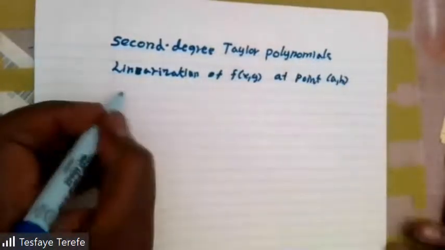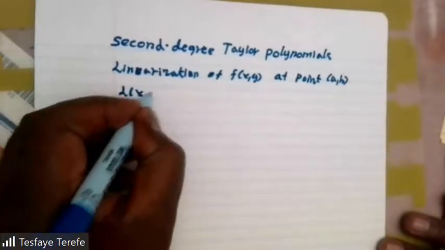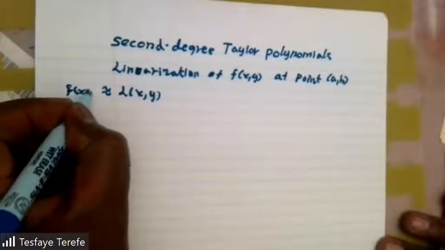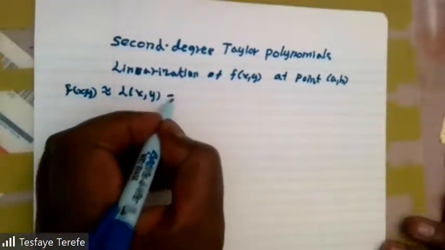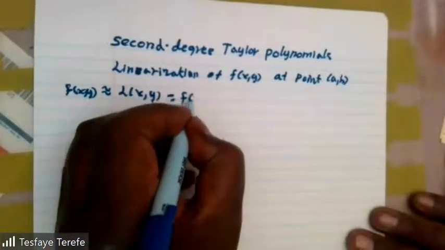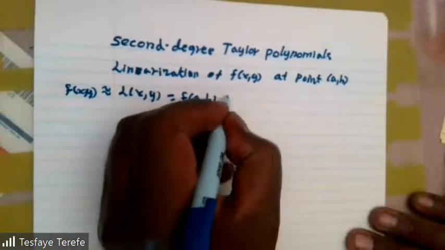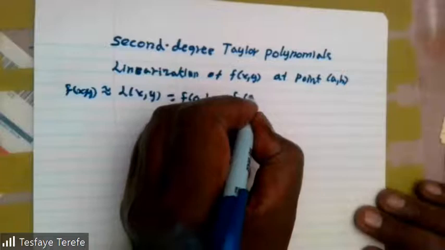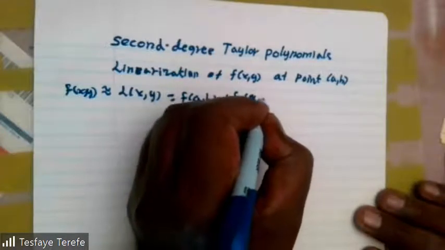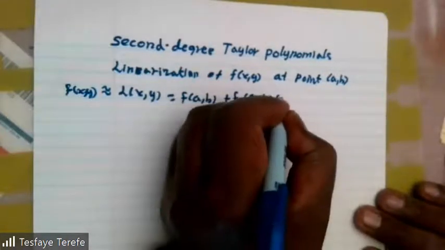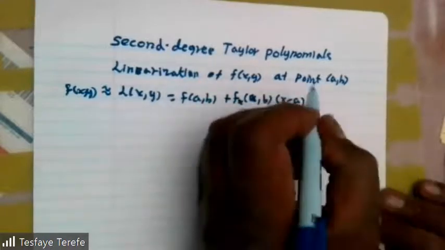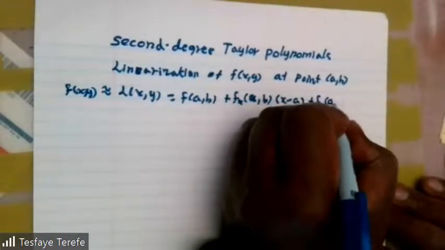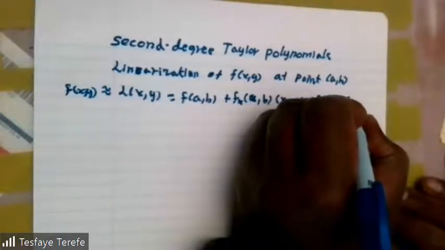If you remember, this is L of (x, y), which is approximating f of (x, y), defined by f of (a, b) plus the partial derivative of f at (a, b) with respect to x times (x minus a), plus the partial derivative with respect to y at the same point (a, b) times (y minus b).